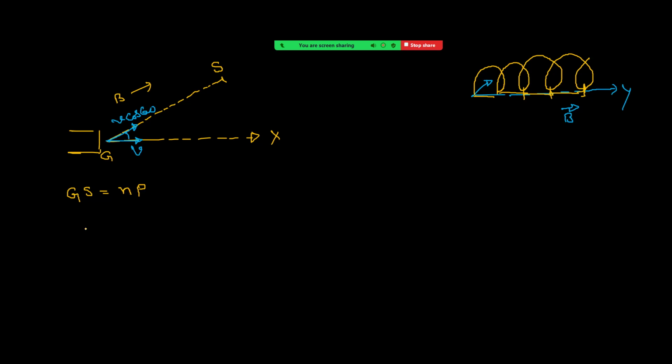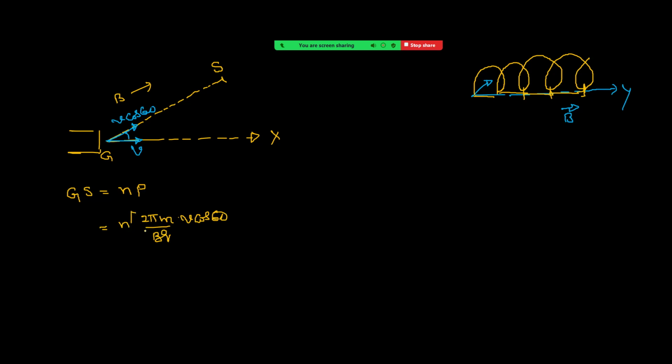Now see what we can write here. GS equal to N into, in the place of pitch, it is 2 pi m by BQ, this is the time period of revolution, into V parallel, that is V cos 60.